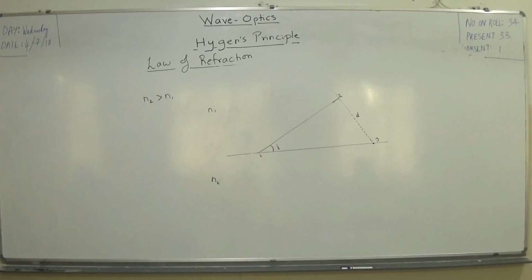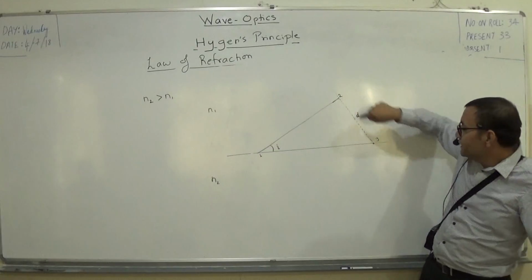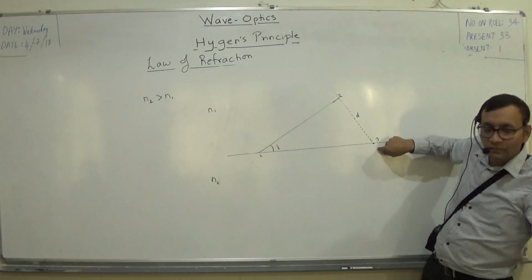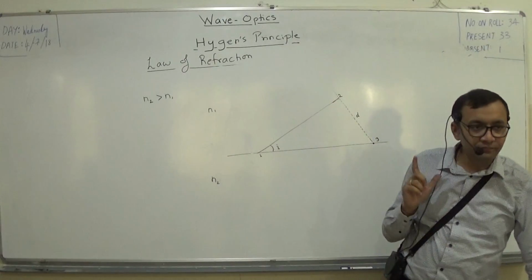What is K? V1 is equal to K N1 and V2 is equal to K N2. Fine. So what we are trying to do first, you have to understand that. We are trying to find out by the time 2 reaches 3, where 1 reaches. So the time of travel is the same.